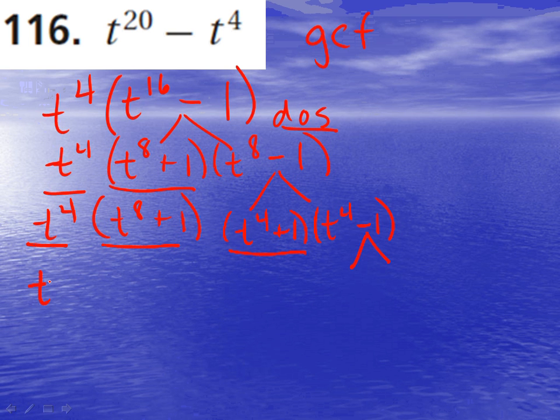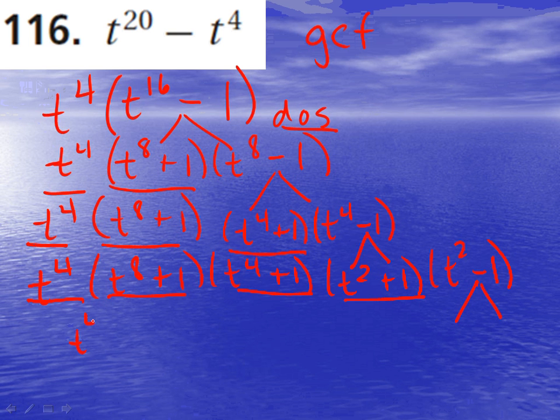So that's t to the fourth, t to the 8th plus 1, t to the fourth plus 1. I've got to split t to the fourth minus 1 in 2 parts, t squared plus 1 and t squared minus 1. All right, finished, finished, finished, finished, and happy, happy, joy, joy. This one will go again.